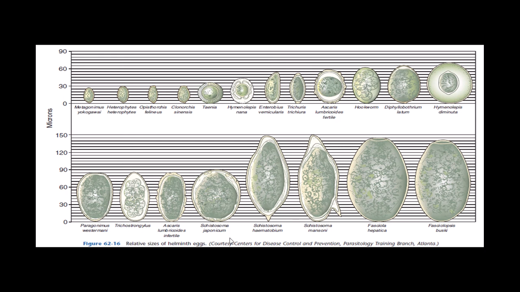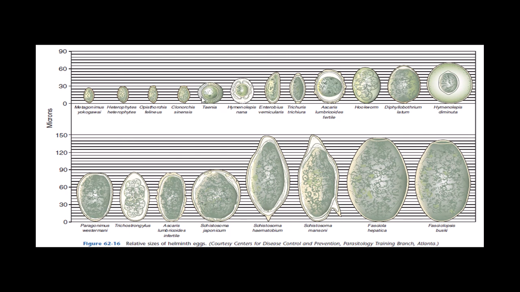And of course we have Schistosoma japonicum that sometimes you can barely see the spine in those. So the life cycle and the differentiation between those and relative sizes is extremely important to know in the diagnosis of these worms.